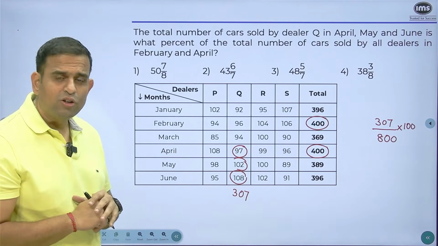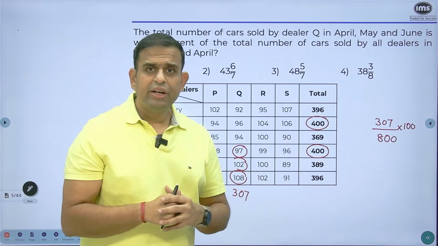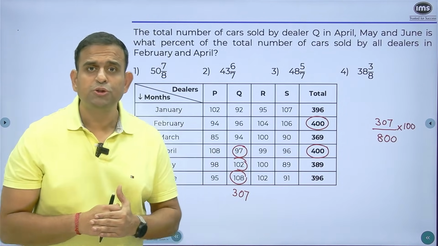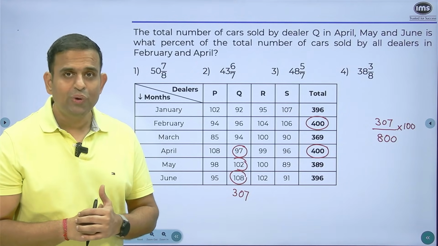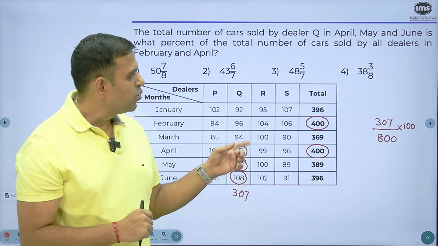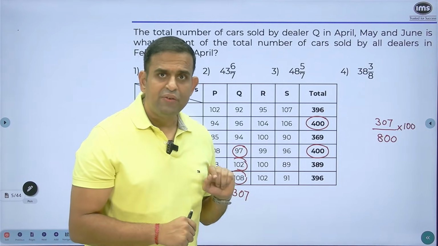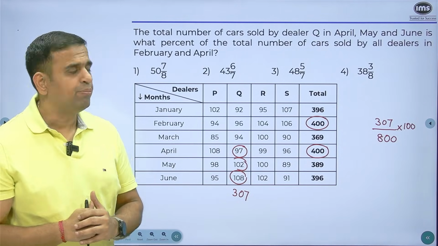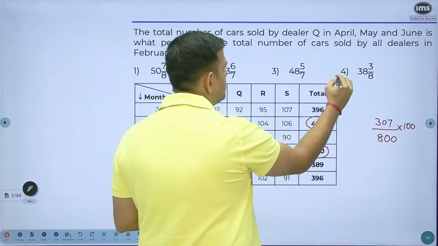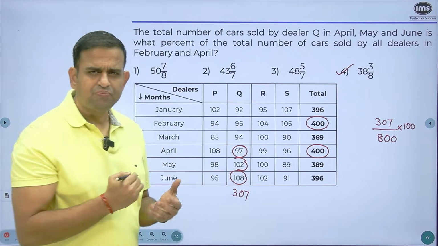If I go with an approximation technique for the number 800, 50% corresponds to 400, 40% corresponds to 320. So definitely if I see a quantity which is 307, which is less than 320, it has to be definitely less than 40%. So I can choose to mark option number 4 as the answer.